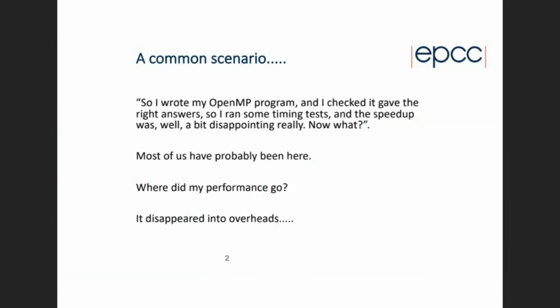Okay, so it's important to think about performance issues because I think this is a common problem, especially with people who are getting started with OpenMP. So I wrote my OpenMP program, and I checked it gave the right answers.